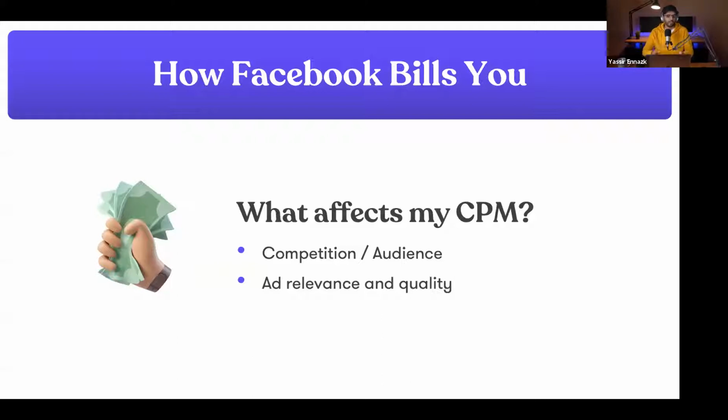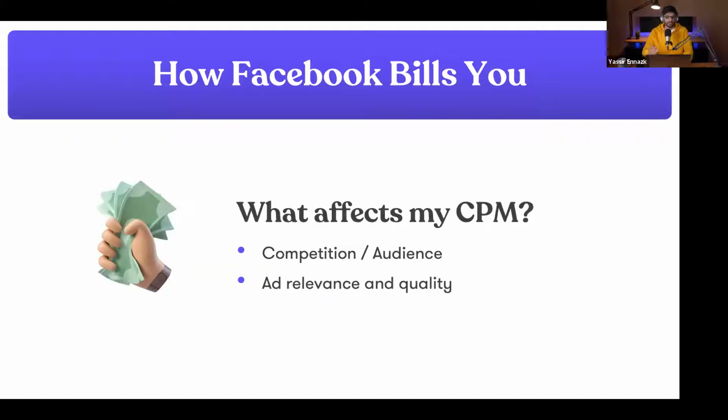However, if you have a good ad that's really enticing and targeted towards people who are really interested in it, then your CPM is going to be lower, because Facebook is going to reward you for providing a good user experience.